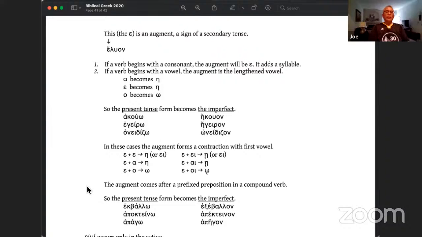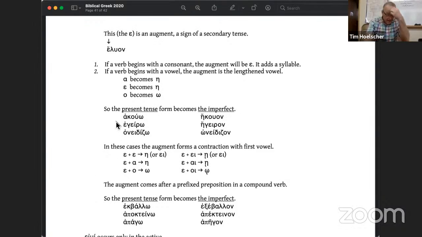So when they lengthen that, do they also accent it? It can, depending on how many syllables you have, it can change the accent. Because it sounds like, because they're putting emphasis on that lengthened sound, it would seem natural or almost like a rule to put an accent on it. Well, if you look in the list of verbs above there at the akouo, you can see that we have the accent on the upsilon.